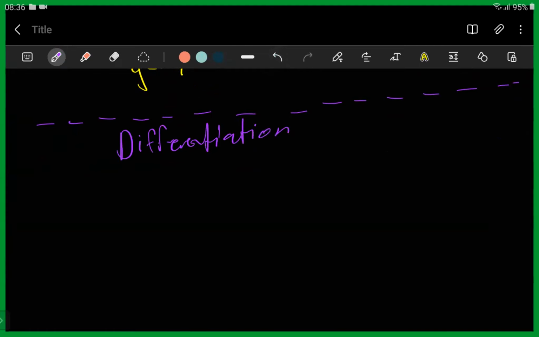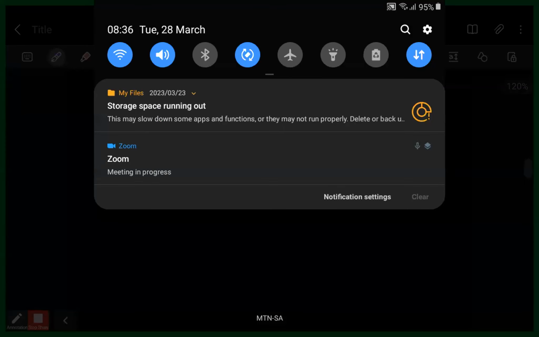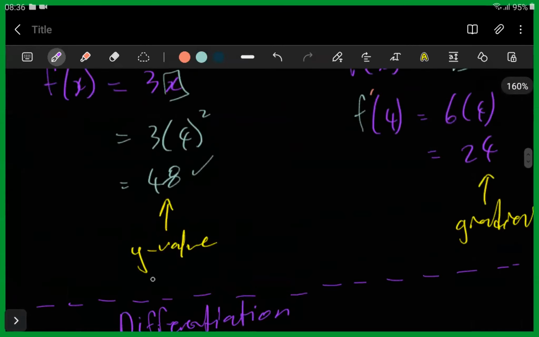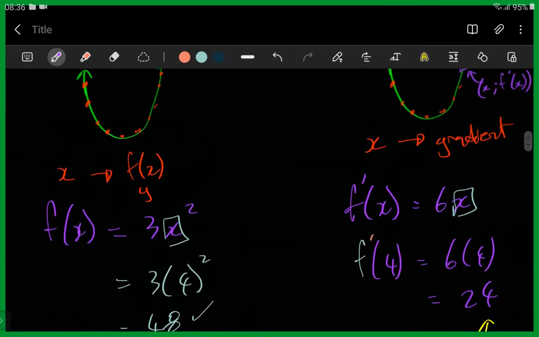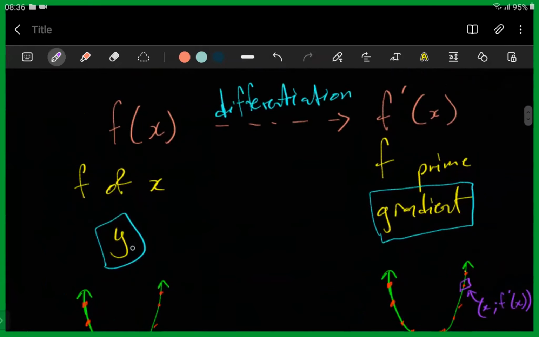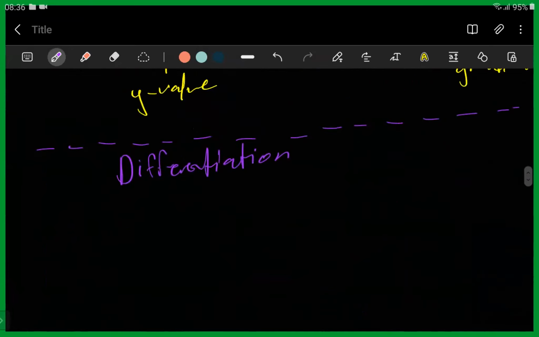With differentiation, remember we said that you start with an equation that gives you y values, and when you're referring to y, you can use f of x or you can use y. Differentiation also has different ways you can refer to it.